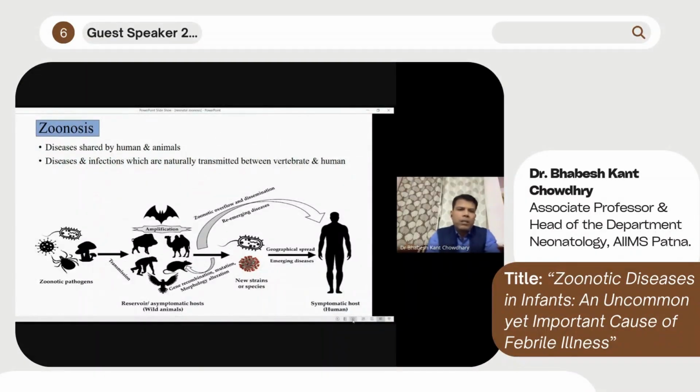Here the disease-causing agent can undergo gene recombination, mutation, or morphological alteration, and when the animal comes into contact with a human being, the agent infects the human and causes disease. So basically, zoonosis is an animal disease which comes from animals, especially vertebrate animals.